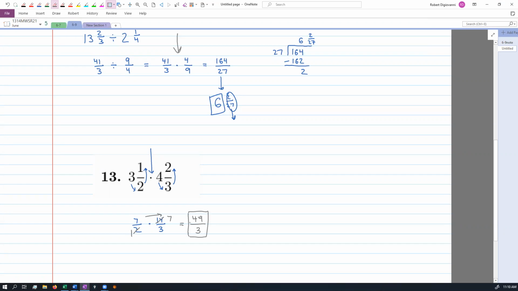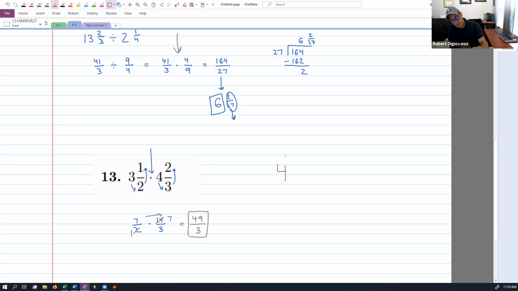You said to make it an improper fraction, we do 4 times 3 plus 2? Yeah, so let me take this one in particular. To convert that to an improper fraction, you take these two and multiply, get that answer, and then add that number.